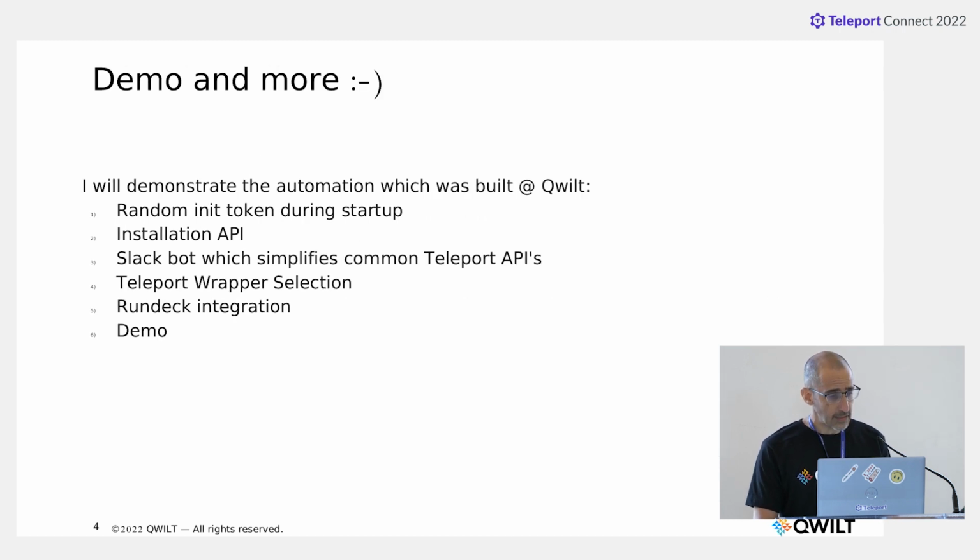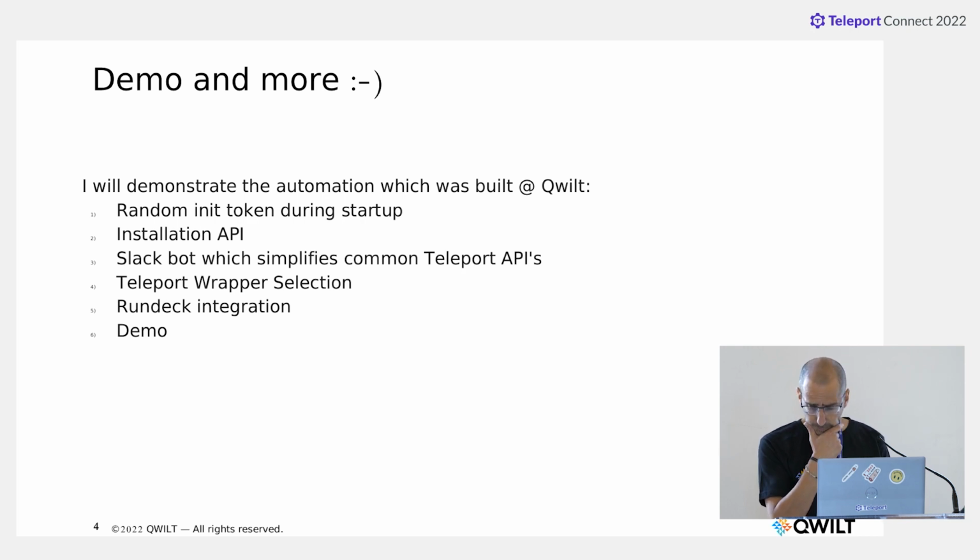So what I will demonstrate is the random token that we have built, the installation API, a Slack bot which simplifies some common Teleport APIs, and I will show why we need it, a Teleport wrapper selection, and Rundeck integration.